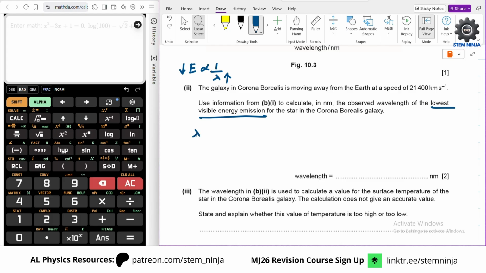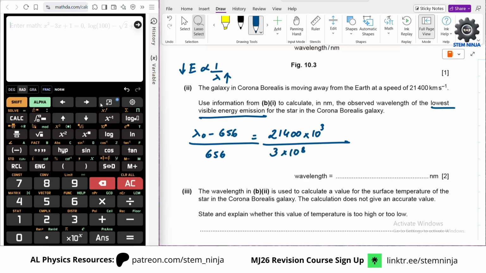So observed wavelength minus 656 nanometers, divided by 656 nanometers, equals speed: 21,400 times 10 raised to power 3 to convert it into meters, divided by 3 times 10 raised to power 8.